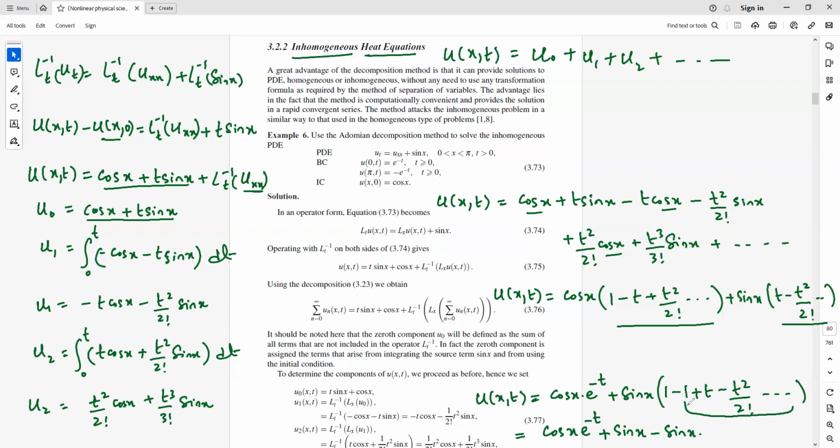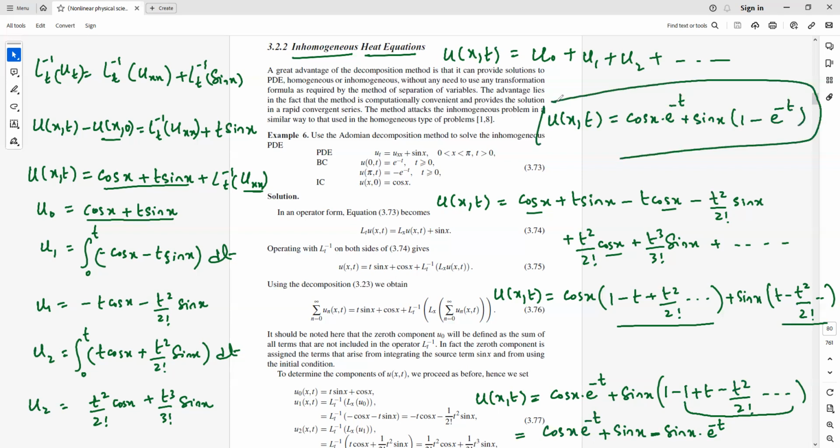Taking the negative sign as common, we get e to the power negative t. Further simplifying, we get cosine x times e to the power negative t plus sine of x times 1 minus e to the power negative t.